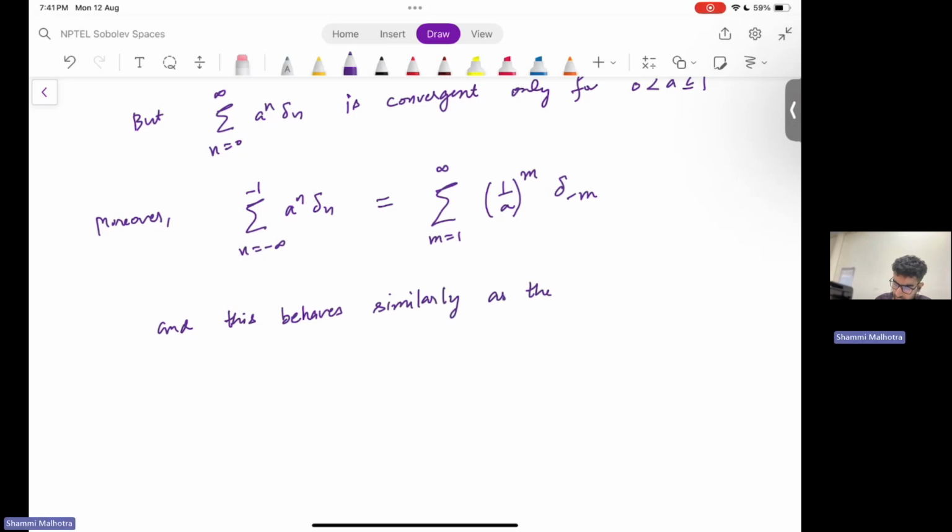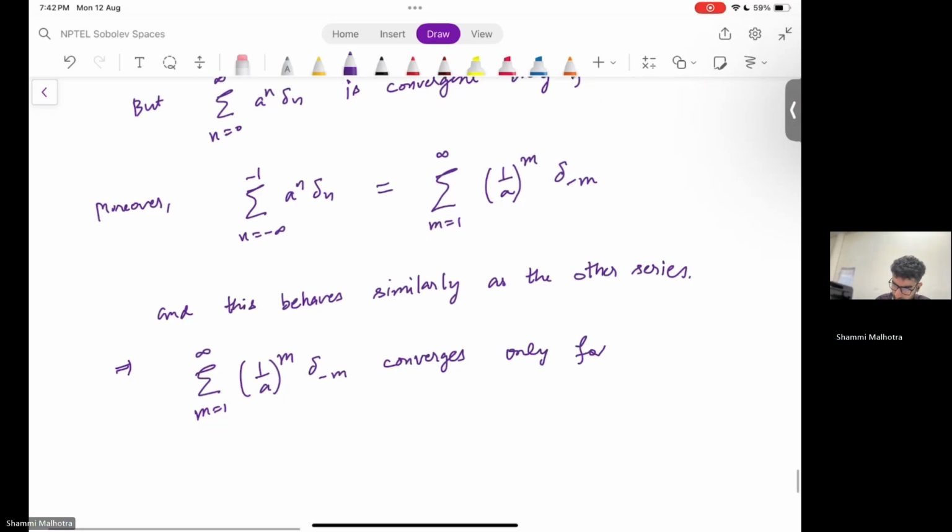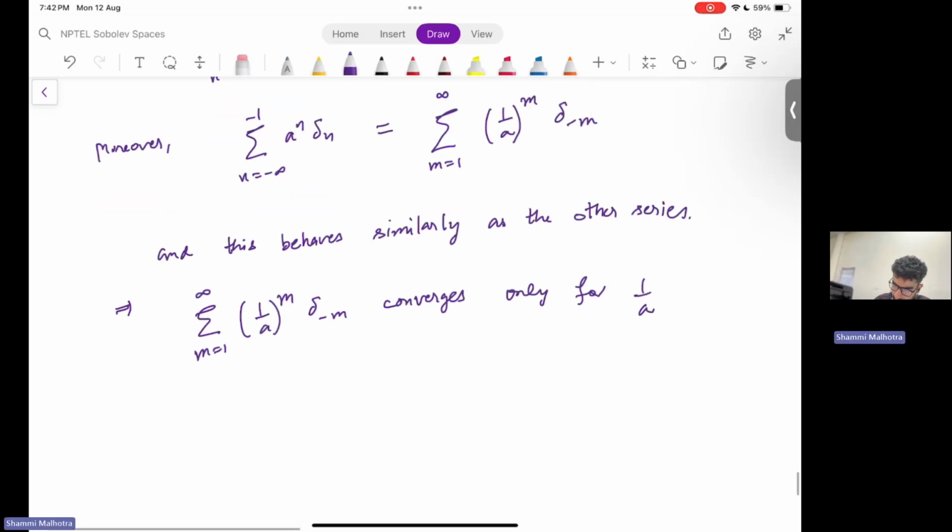This will imply that this converges only for 1 by a being less than or equal to 1.